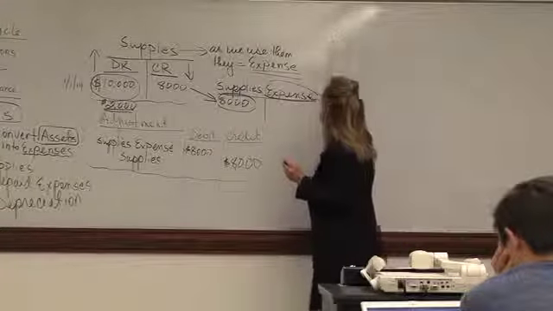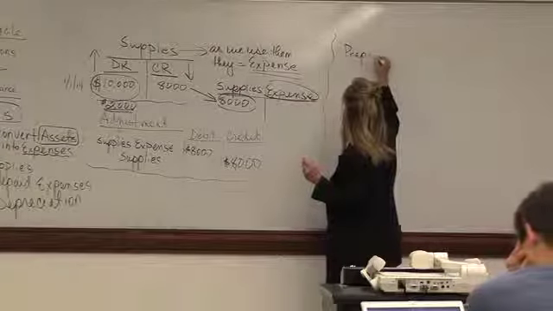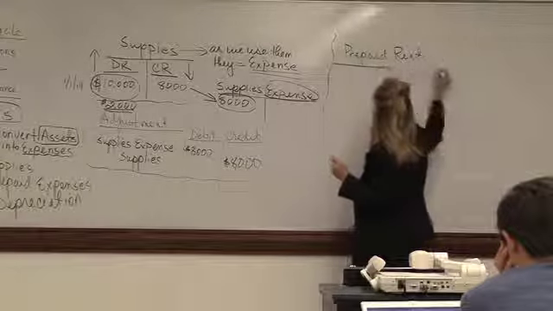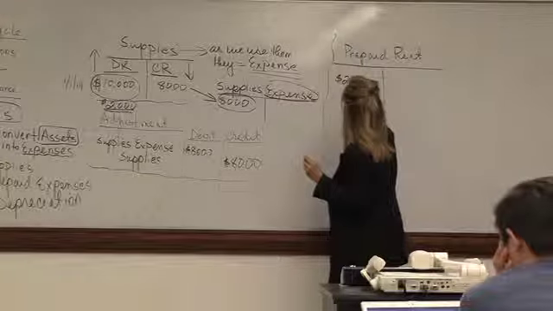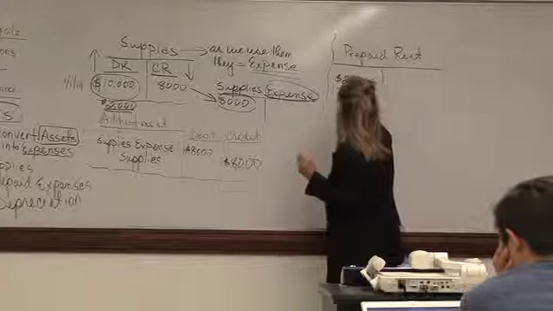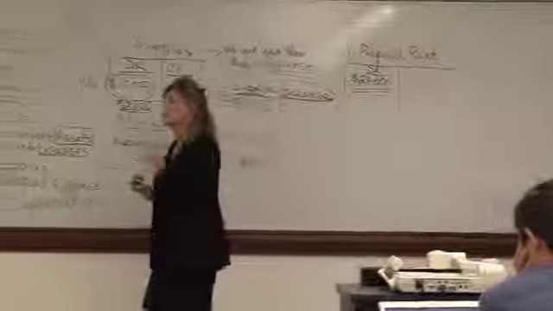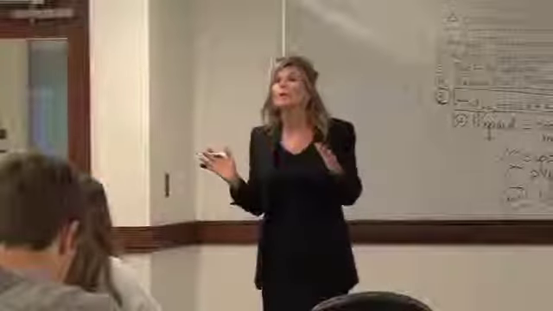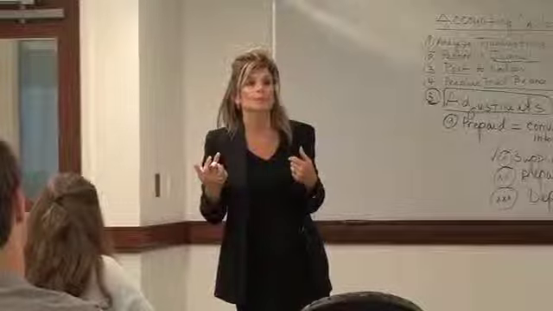So let's pretend we have the same company, and what they did is they prepaid their rent in advance, 6 months, and they prepaid $24,000 in total. $24,000 over a 6-month period would mean the monthly rent is $4,000.